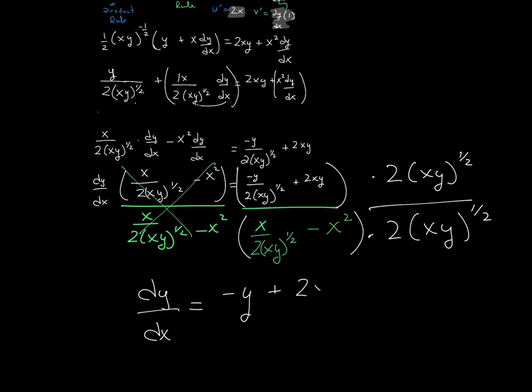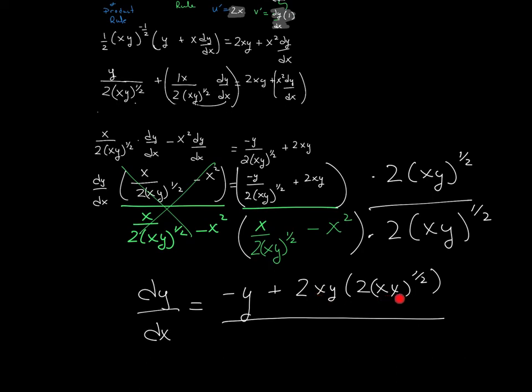Now, I do want to do this one out with you. This becomes 2xy times another 2xy to the 1/2 power. And with this, what you can see here is this xy and this xy are both the same.